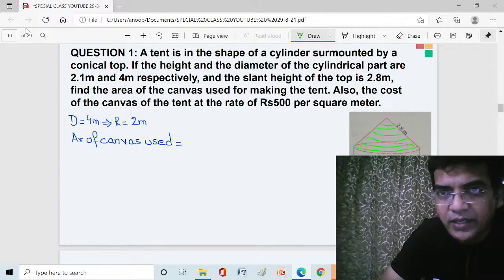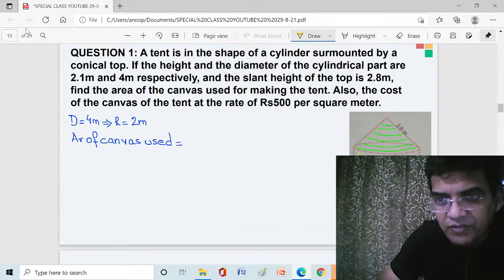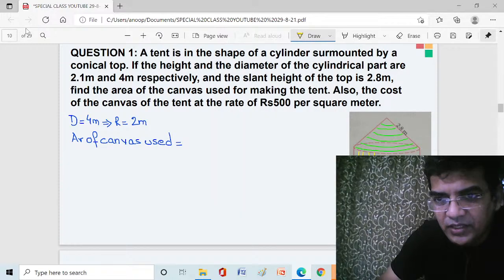Where else will it be used? Next, canvas will be used on the curved surface area of the cylindrical portion, which I am shading with yellow.